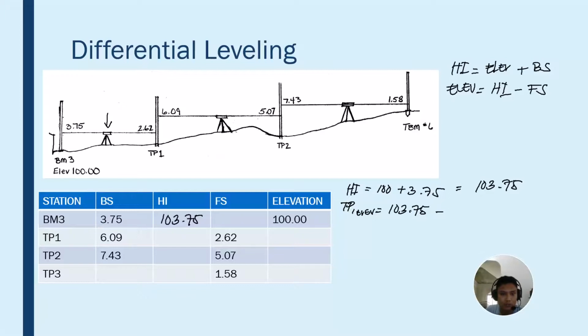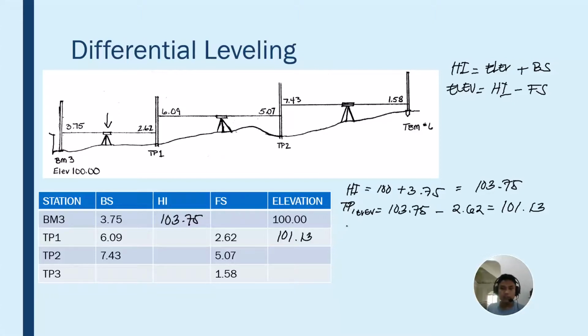So 103.75 minus 2.62, we have 101.13. Then put that in the table.